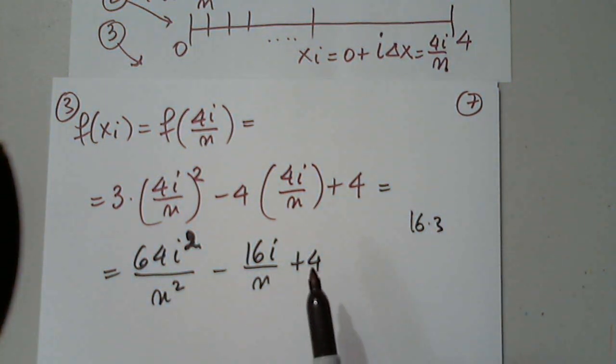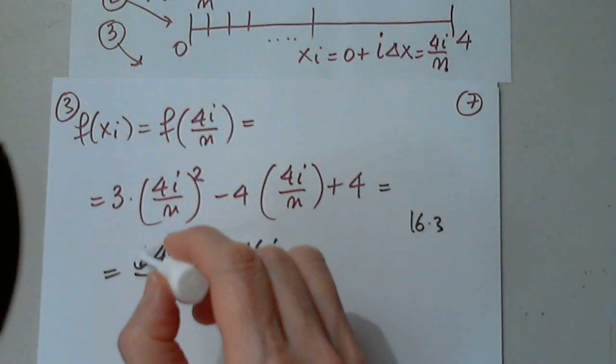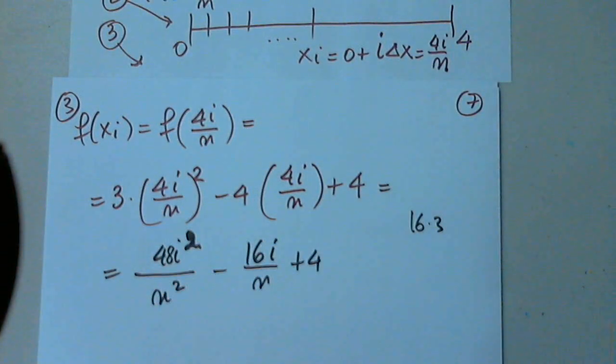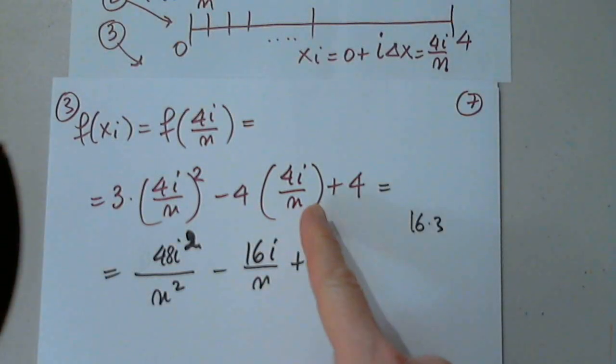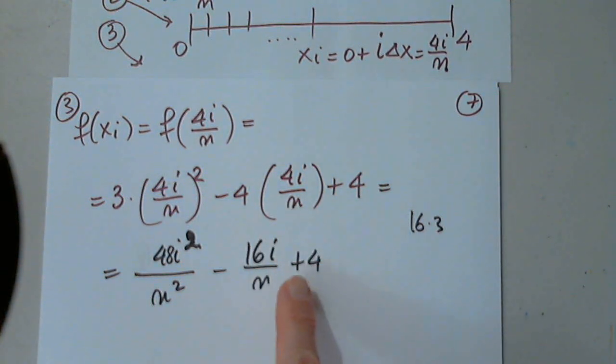Oh! See? I wasn't thinking. So 48 i squared over n squared minus... Very easy to make a mistake in this. So 16i, no excuse. So 16i over n plus 4.